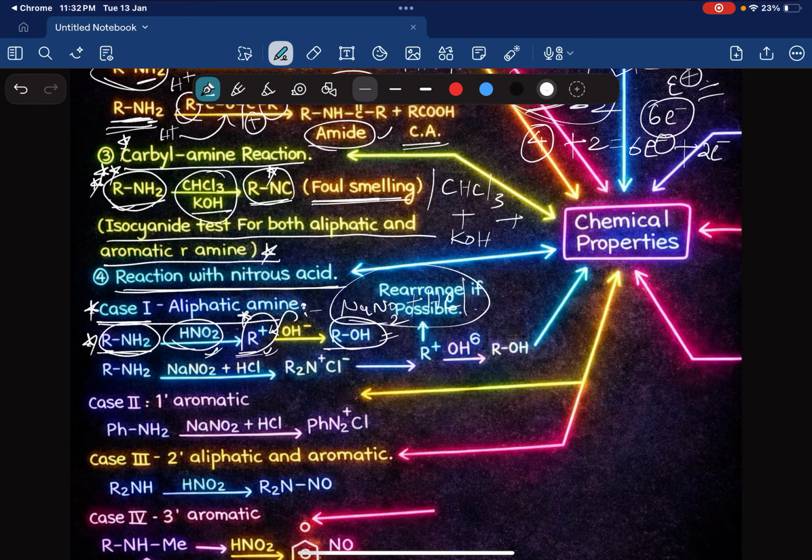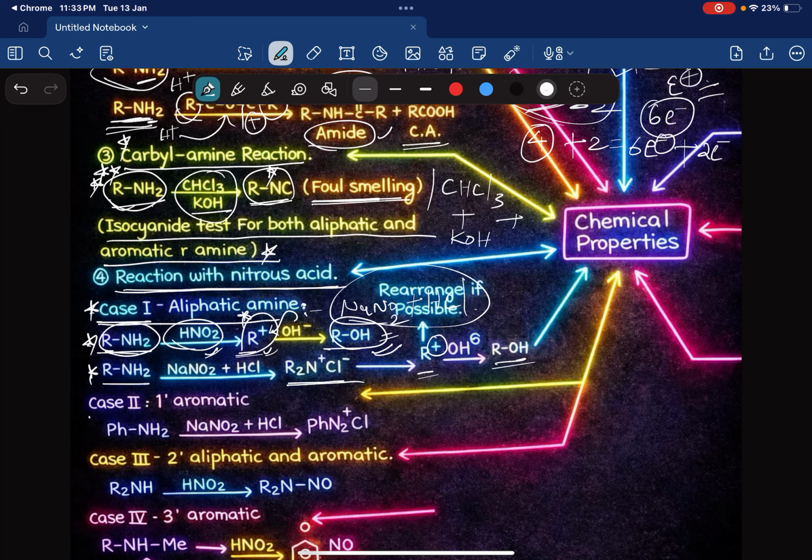Here, since carbocation is an intermediate, before formation of alcohol there is an option to undergo rearrangement. That's also a very important point, students. Coming to next, primary amine with NaNO2 plus HCl gives diazonium salt. Further heating, it loses R plus and finally alcohol is formed.